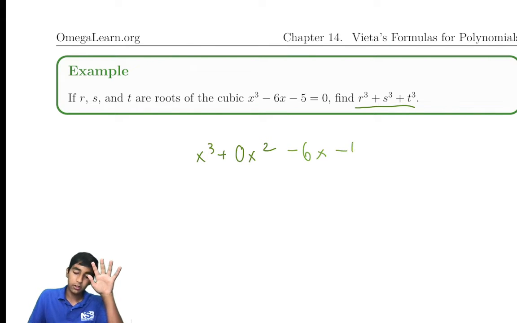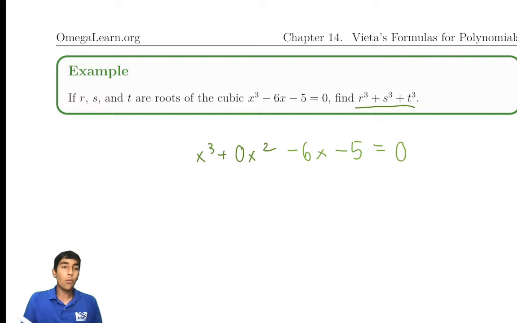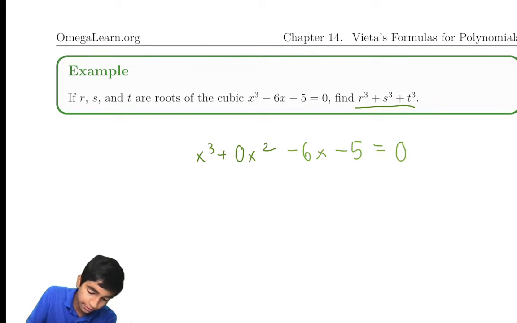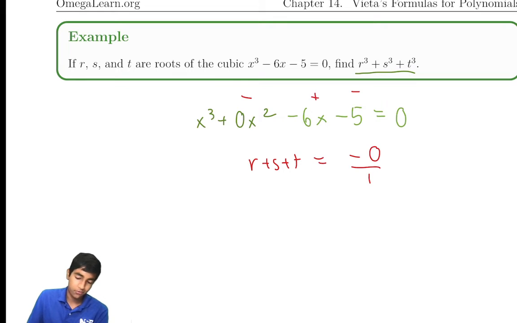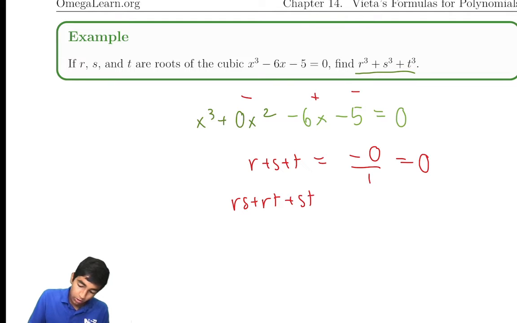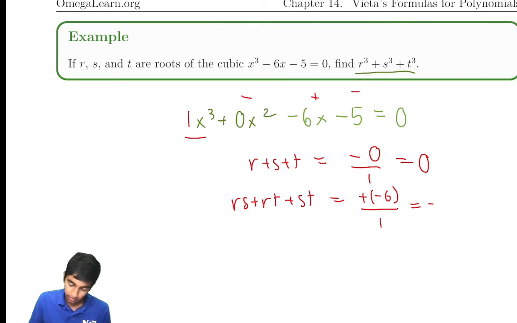You never know. Okay, so what does Vieta's tell us? Let's write our standard negative, positive, negative. So the sum of the roots r plus s plus t is negative of 0 over 1, which is just 0. Now the sum of all the products of 2 roots, rs plus rt plus st, equals positive of negative 6 over 1, the coefficient here, equals negative 6.